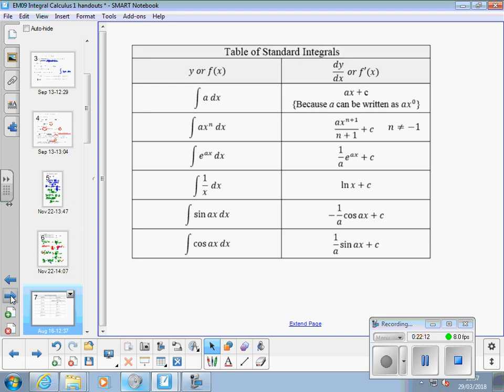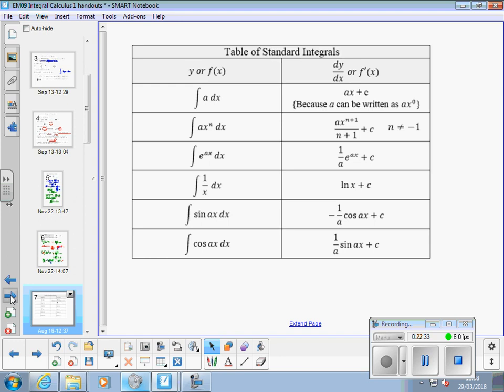On your sheets, you've got the standard integrals for all the functions that you've had standard derivatives for. So there's a constant. Yeah, there's ax to the n.